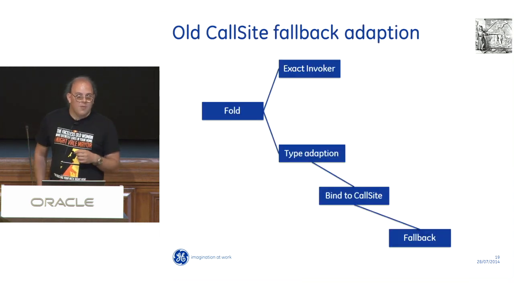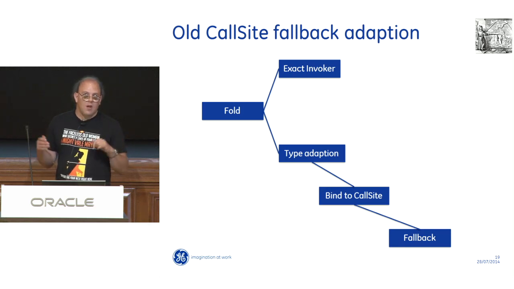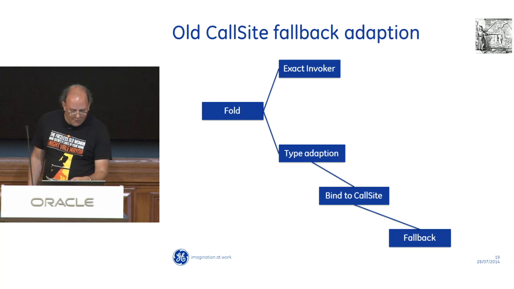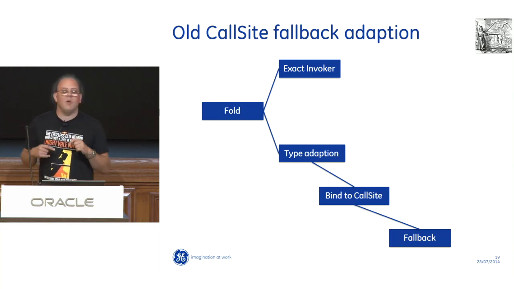So we had CallSite fallbacks that were very traditional. You had a fallback, you bind it to the CallSite, you do some type adaption, and we do a fold to an exact invoker because the fallback returns the method it's just found.